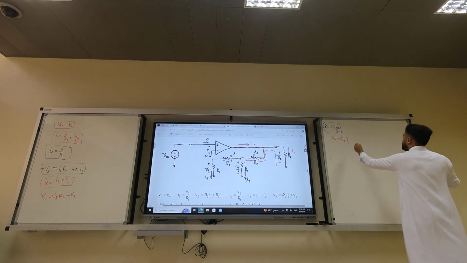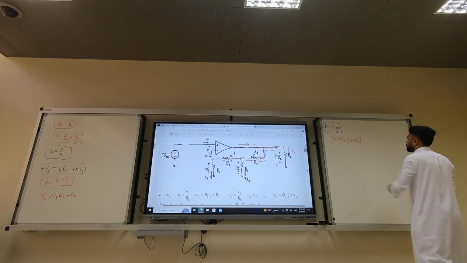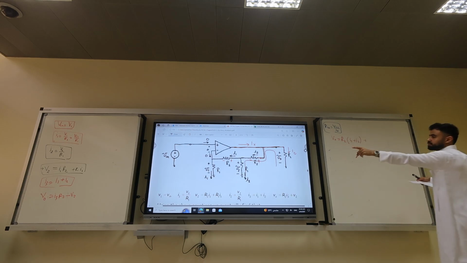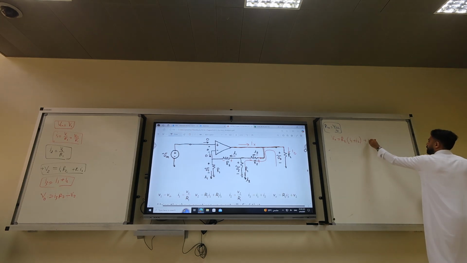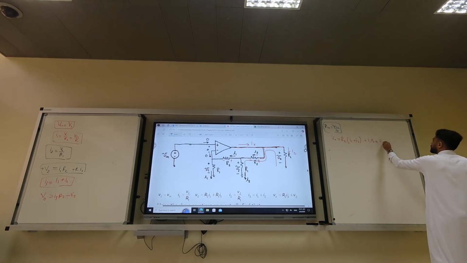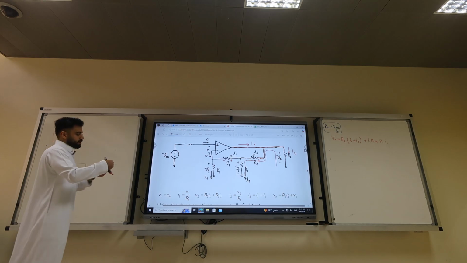I1 plus I2. Plus V2. What is V2? I1 R2 plus R1 I1. Keep the I1s for now. They are easy. The I1s are what? V input over R1. Okay?